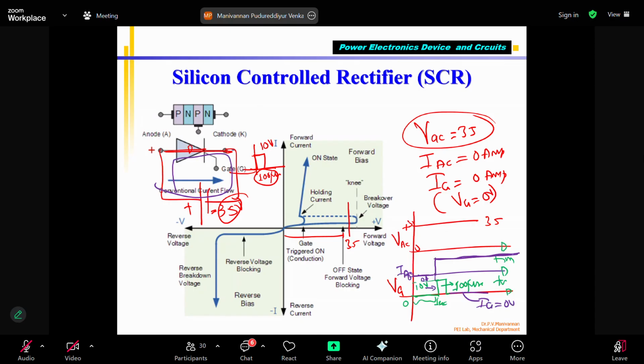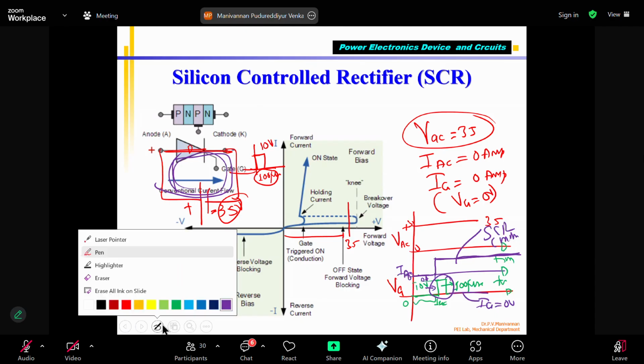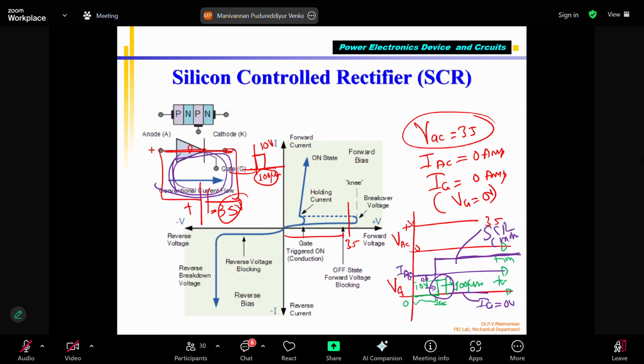It won't stop. Once you give a trigger pulse at the gate of the appropriate voltage and appropriate duration, the anode to cathode current starts flowing, and we say the SCR is conducting. The SCR is conducting only when current flows from anode to cathode through the battery power supply. You can't stop it. Once the SCR starts conducting, please see that the gate pulse, the green color, was given for 100 microseconds only.